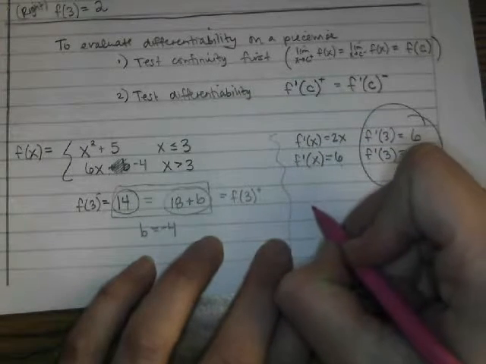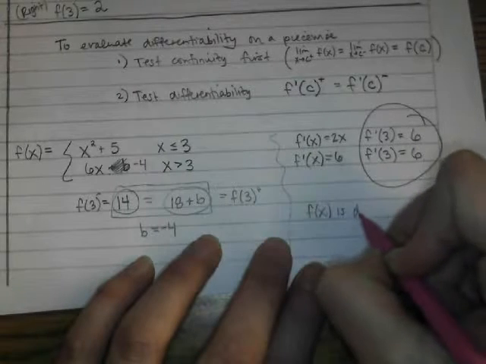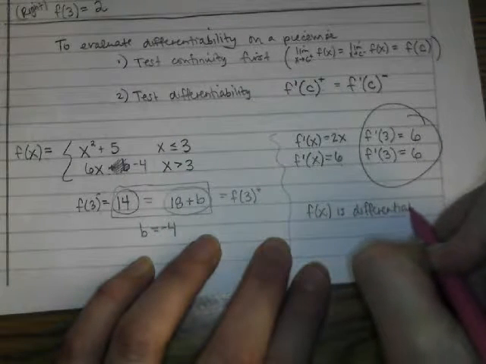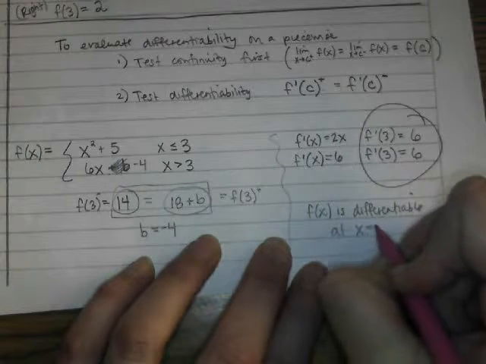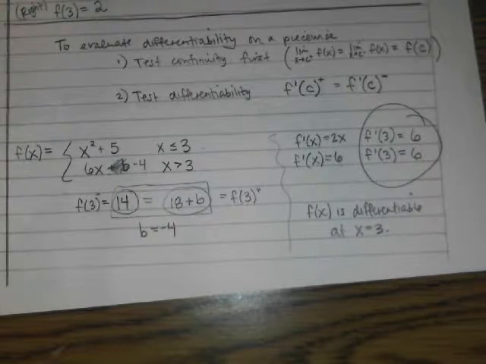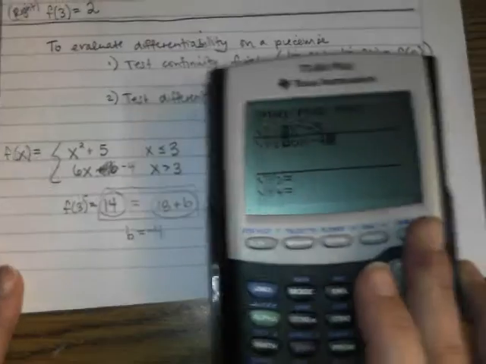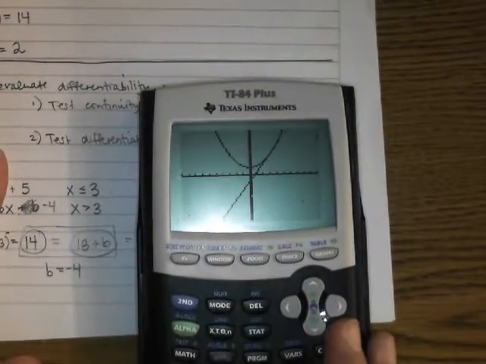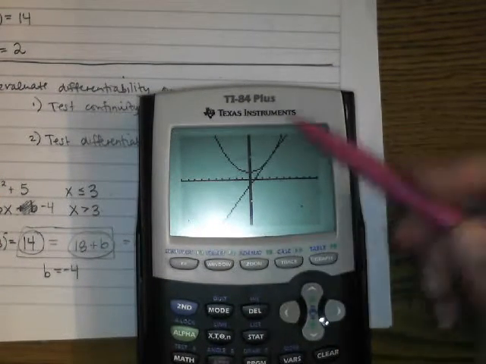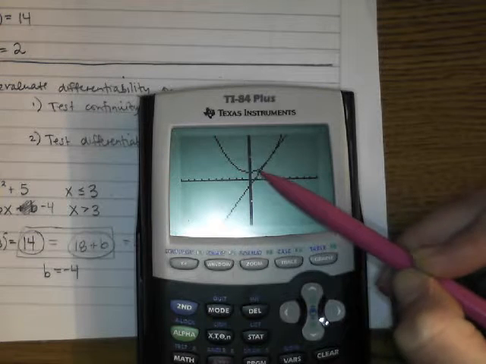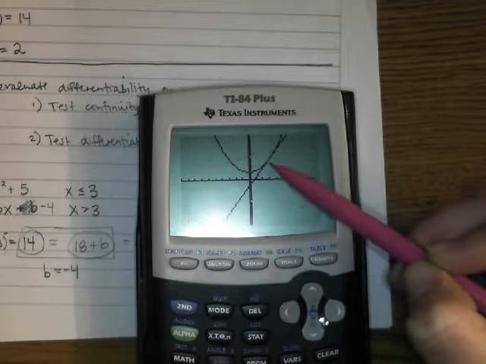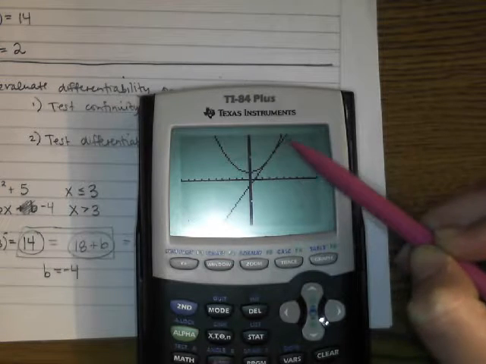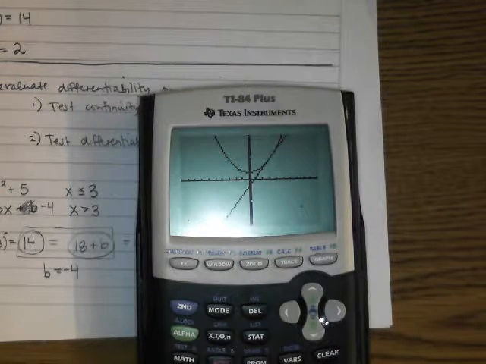So f of x is differentiable at x equals 3. And one more time, I'm going to show you this graph so you can see it. So what happens at 3 here is that this kind of comes up. We're following this to the left of 3. And then once we get to 3, we start following this line. And you'll see it better if I draw over it here.